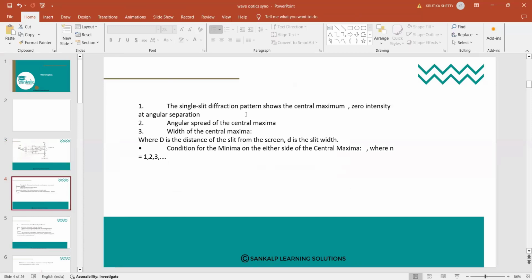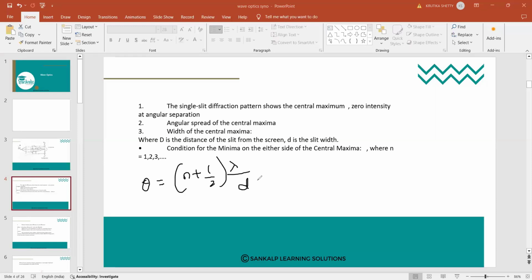The single slit diffraction pattern shows the central maxima, the zero intensity at angular separation, the angular spread of the central maxima and the width of the central maxima. Here we have the expression for the angular position of the diffraction maxima: theta is equal to (n plus 1 by 2) lambda divided by d.